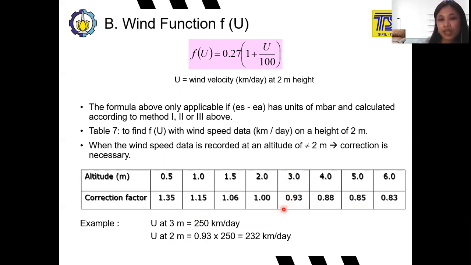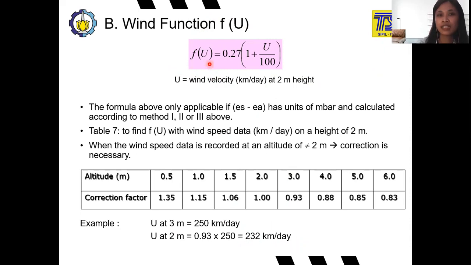So we multiply the 250 kilometers per day with 0.93 as the correction factor, and then we get U of 232 kilometers per day. After that, we can use this number in this equation.